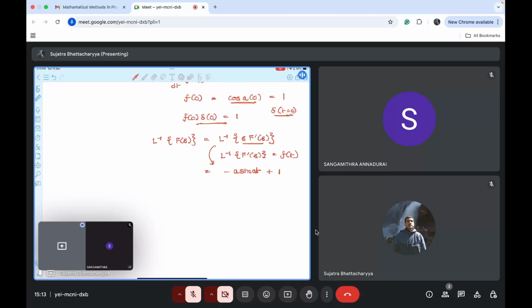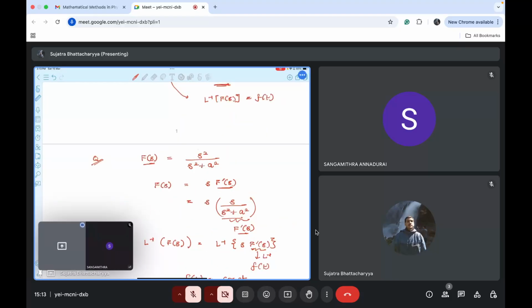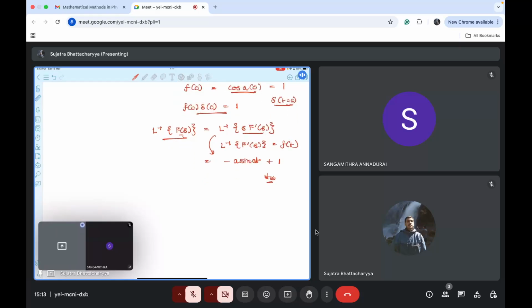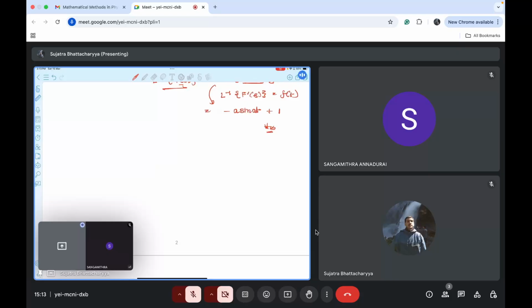So this is the answer for the inverse Laplace transform of the F(s) which is given. Okay, so this is another way of simplifying the inverse Laplace transform. Fine. So this is one of the questions I wanted to discuss.